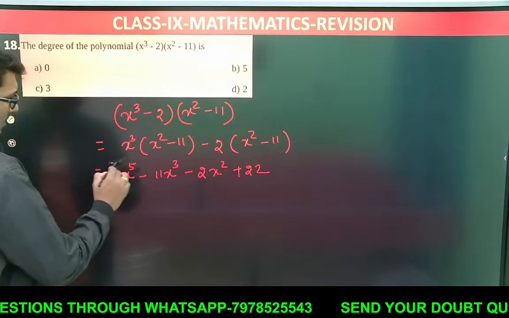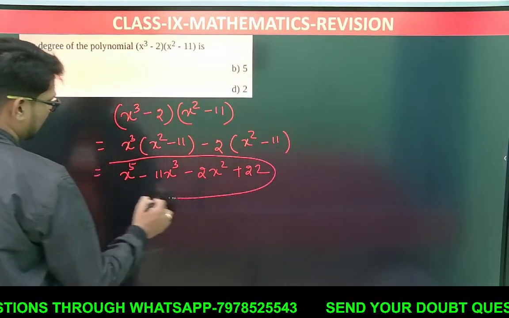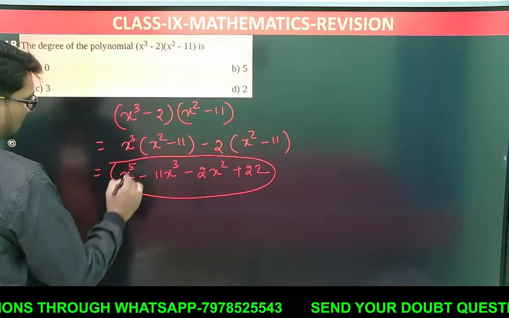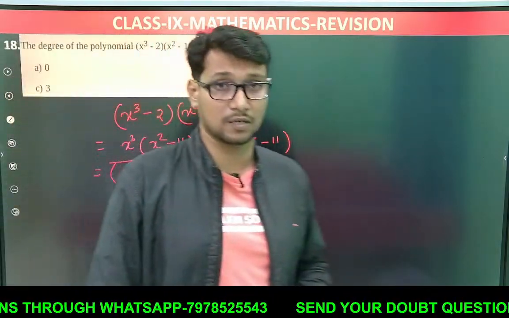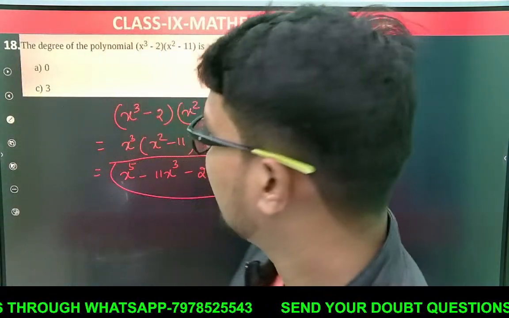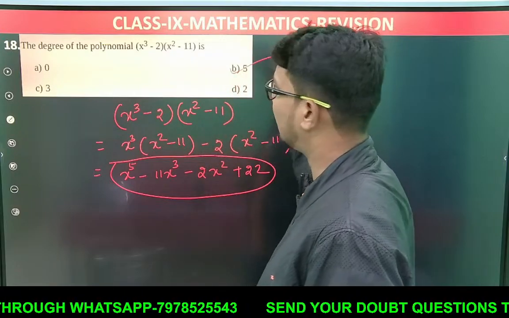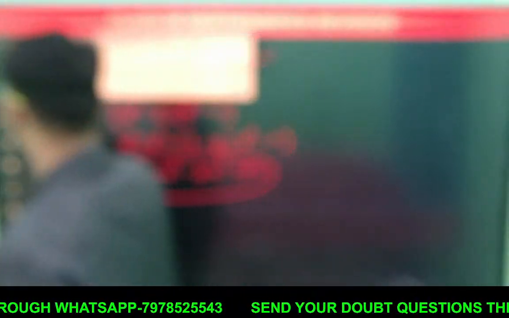Now check it. This is the final polynomial whose degree is 5, because the highest power of the variable is 5. So the answer is option B. I hope this is clear to all.